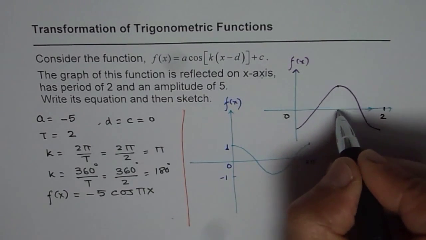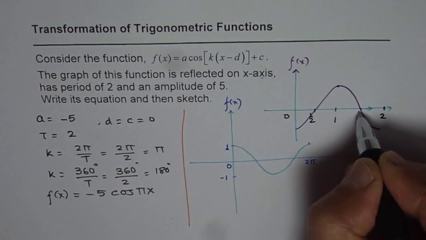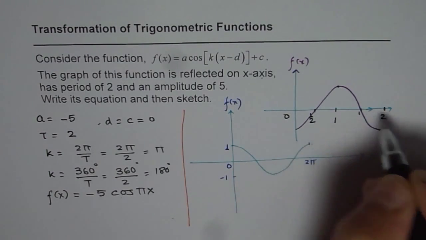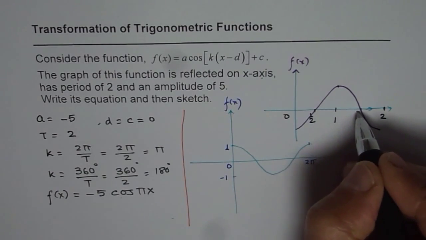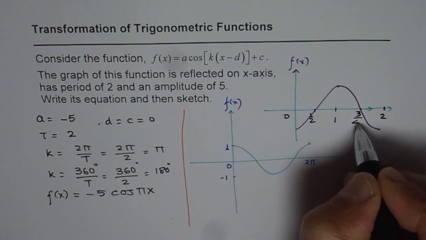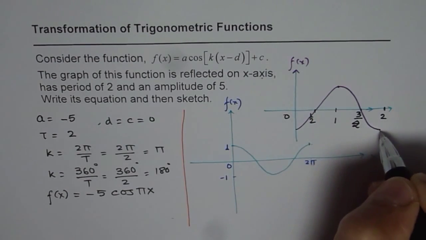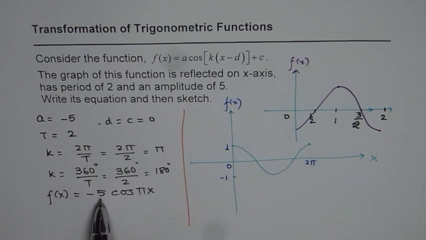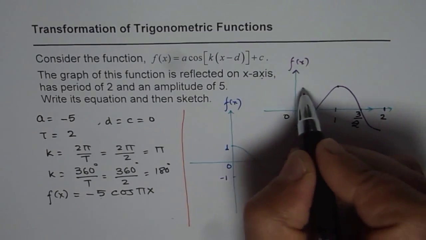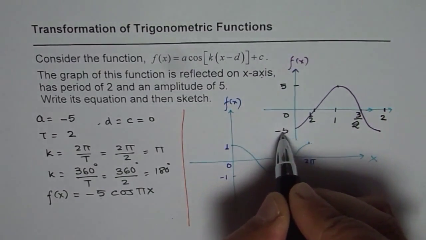So the max in this case will be at 1, this is 1 half, 2 halves, 3 halves, so 3 over 2. Is it okay? 3 over 2. And that is 2. So that is the time period, and that is how the function is going to look like. Amplitude is going to be 5. So this maximum will be at 5, the minimum will be at minus 5.